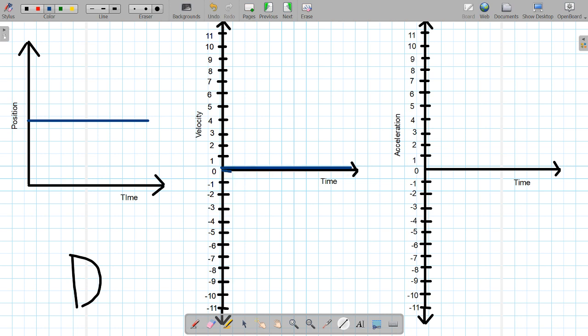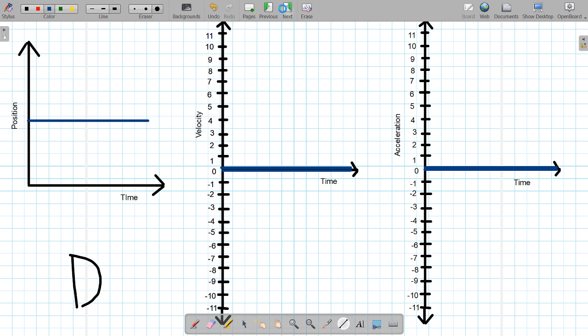So that means right here I'm at rest. 0 velocity is also the same thing as 0 acceleration. Anytime I'm at rest, I'm not accelerating, so my acceleration is also 0. So I'm doing a nice bold line right through 0 here for acceleration. And that's how situation D looks.